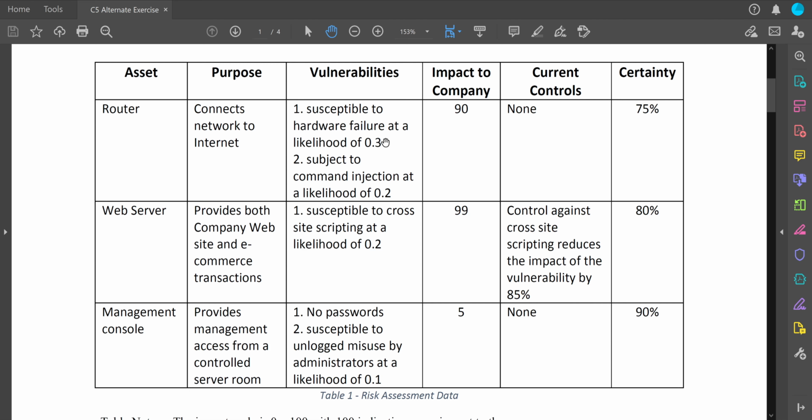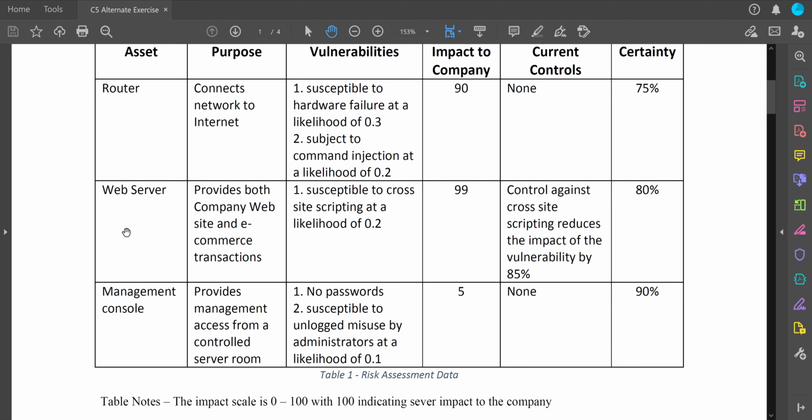It also doesn't have any current controls in place. Current controls, I don't know if you guys read the chapter, is just another way to say protections, things that you have in place to protect that specific asset. And so there is the likelihood of this vulnerability happening and also the impact to the company.